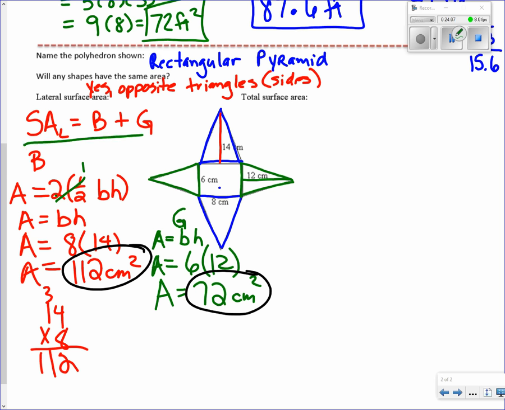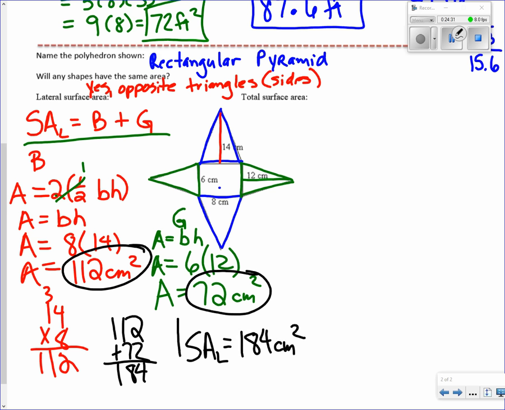Remember up here when we talked about it, the area of the blue plus the area of green. So we have 112 plus 72. So our lateral surface area, and I always like to put a little L there, 184 square centimeters.